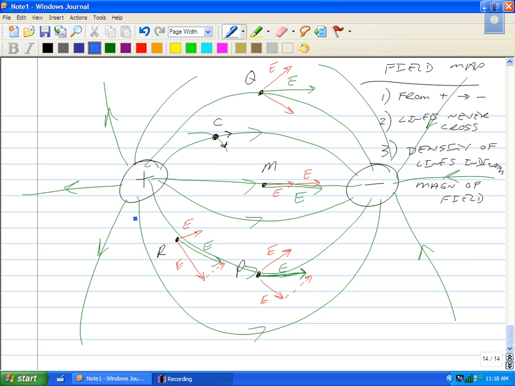If I draw a rectangle like that, compared to the same size rectangle here, at position 1 and position 2, what can you say about the density of the field lines in position 1 compared to position 2? They're closer together. The density in box 1 is greater than in box 2. So what can we say about the magnitude of the field at box 1 compared to box 2?